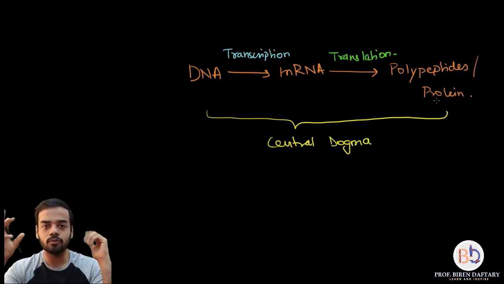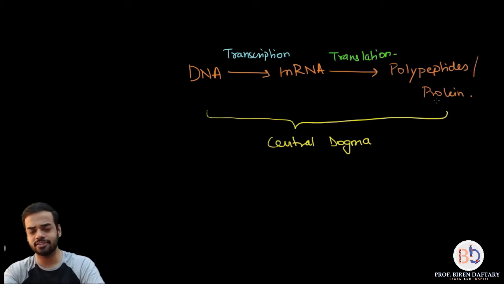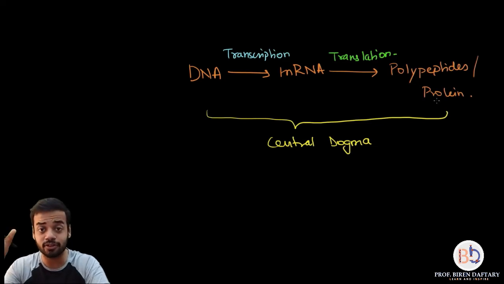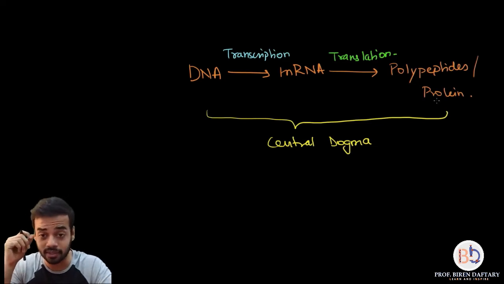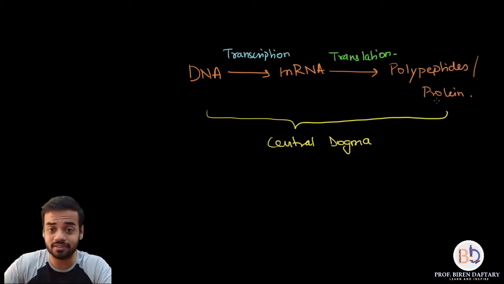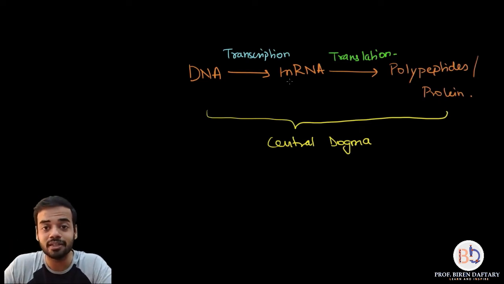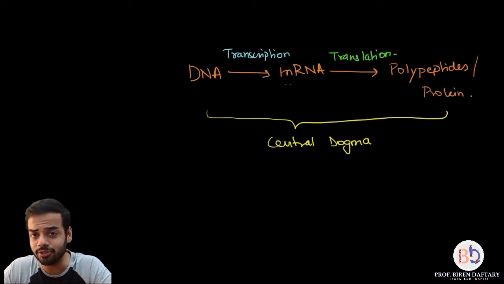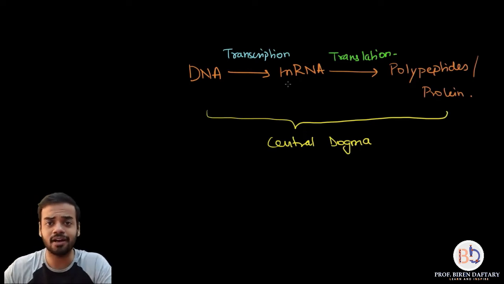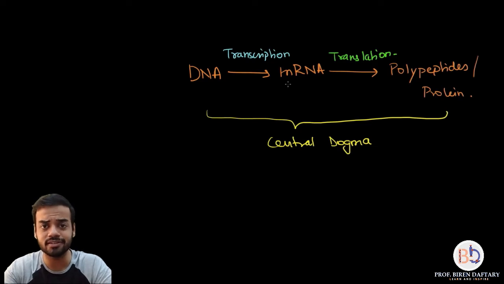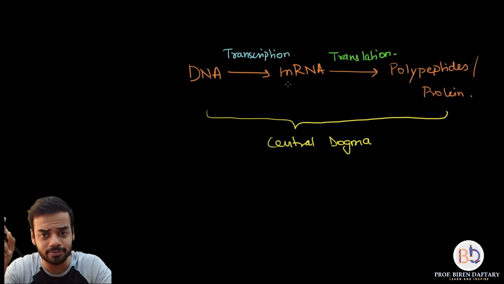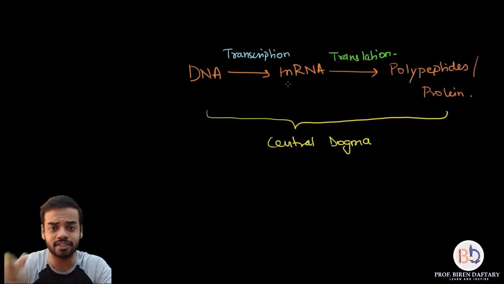Now a separate central dogma was given for retroviruses, if you remember that. What happens in retroviruses is there is something called reverse transcription. I have already made a video on viruses, and RNA viruses or retroviruses undergo reverse transcription by using the enzyme reverse transcriptase, so that RNA gets converted into DNA.